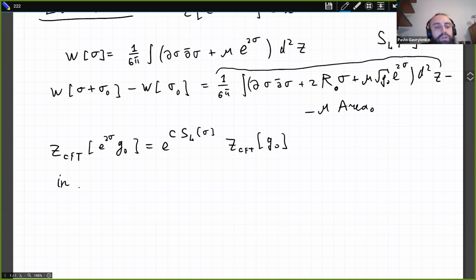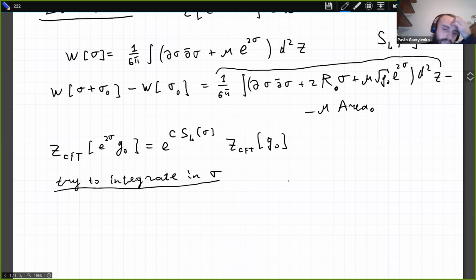We want to integrate over d sigma, but we need the correct definition of this measure.